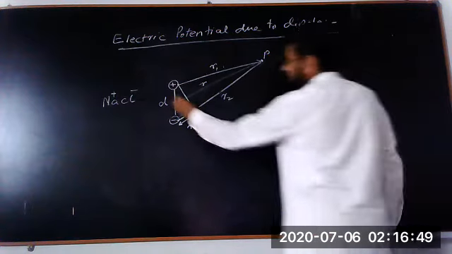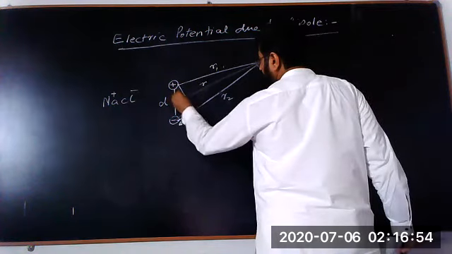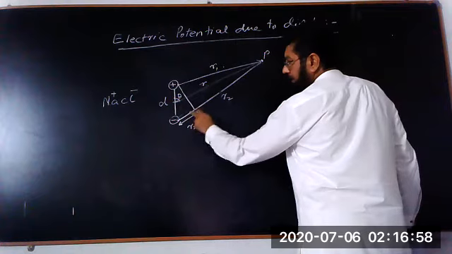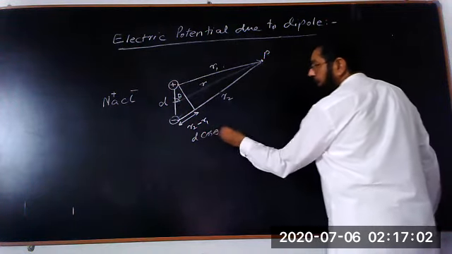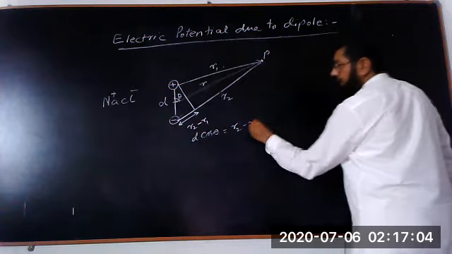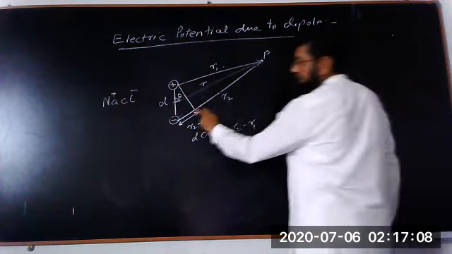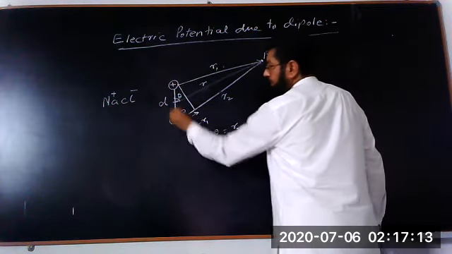If we look here, this is the angle theta. The component parallel to the dipole is d cos theta, because this is the horizontal component and it gives you the triangle.